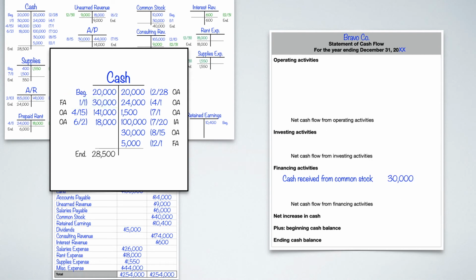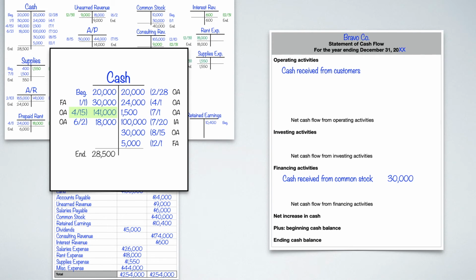All right. So then the next one is going to be 4.15. That was when a customer paid off their accounts receivable for the service that I've already done. So that is going to be cash received from customers. Again, that's the first one that we usually do for operating activity. Now, before I put that number in there, most of my business comes from customers, so I'm going to check the other ones just to make sure that any other debit is not dealing with customers.